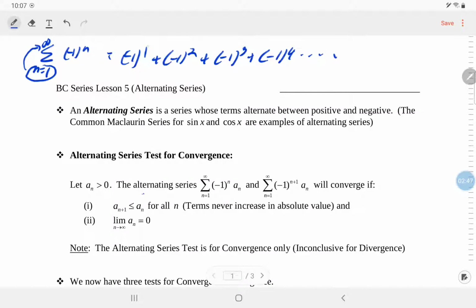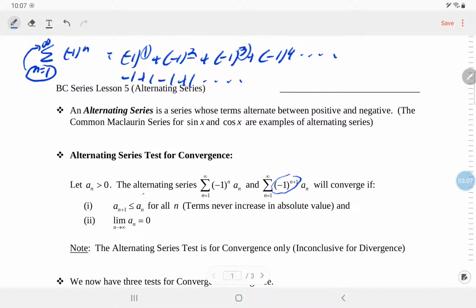When I take a negative and raise it to odd powers like 1 and 3, that's going to make it negative. Raising it to an even power like 2 is positive. That makes it alternate.